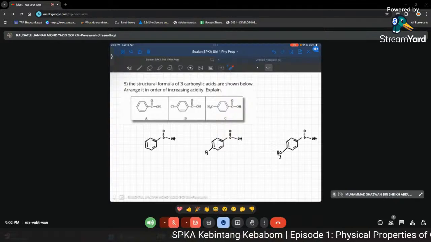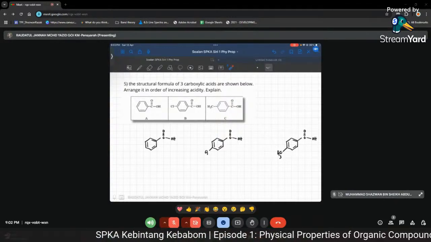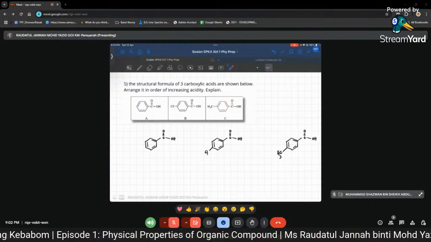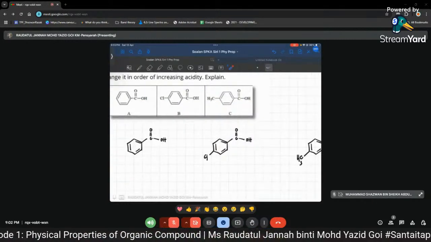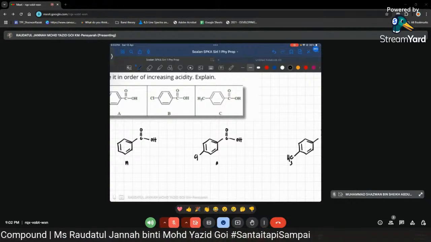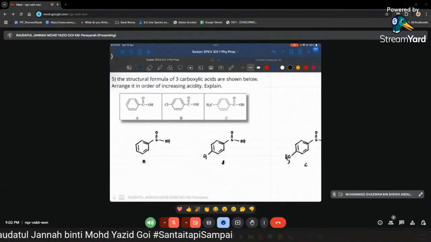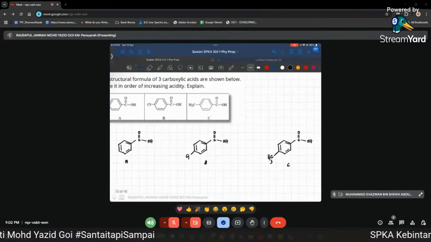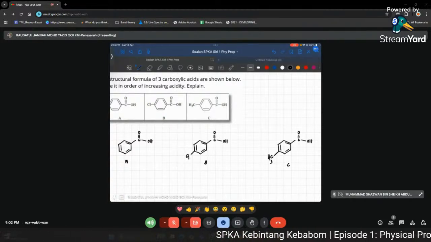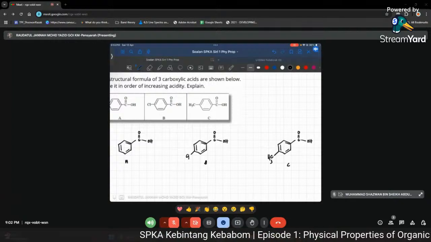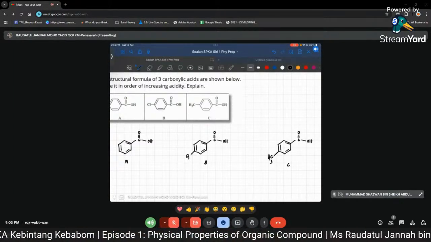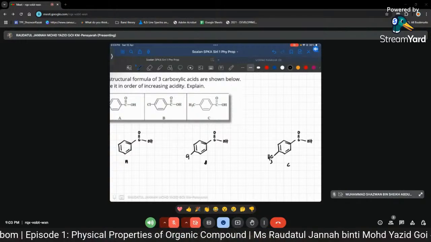So let's take a look at the three structural formulas of carboxylic acid that we have. And we need to arrange in the order of increasing acidity. So by this, when you look at your structures, this is A, B, and C. Okay, so for this one here, you have benzene rings in all of them. But when you check carefully, for the structure of A, you have a basic structure of benzene and carboxylic acid.